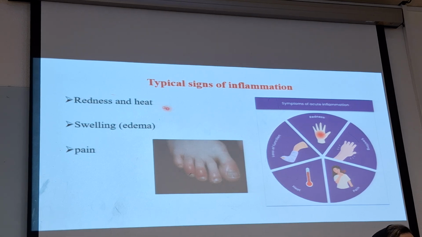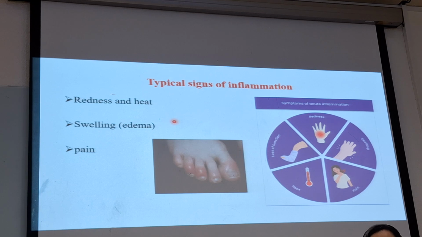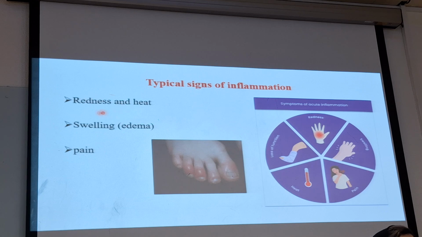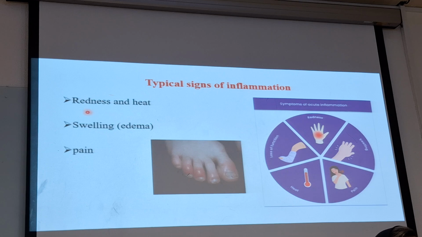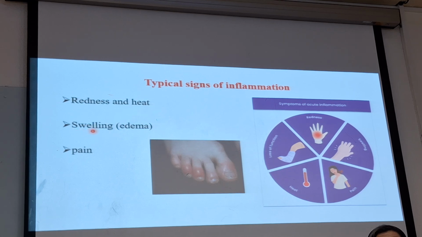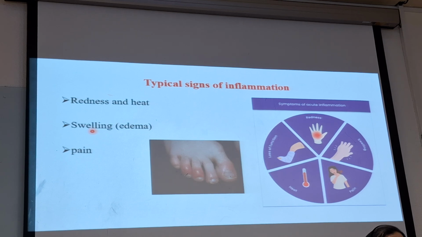After nitric oxide affects the smooth muscle surrounding blood vessels, I told you the volume of blood is increased, and this increased blood volume leads to redness and heat. And I also told you we have swelling or edema because of recruitment and accumulation of a lot of immune cells inside the site of infection or inflammation.